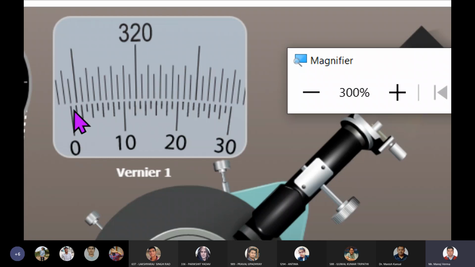Because we can see the zero of this vernier scale is just before this division. So it has to be 314 degrees. Okay, tell me the vernier scale reading. Yes, tell me.